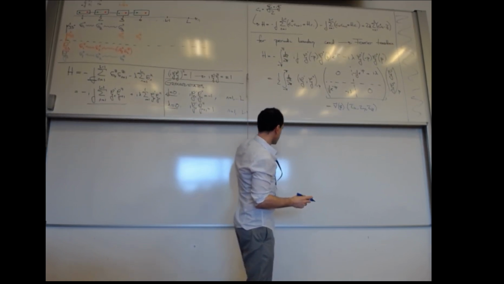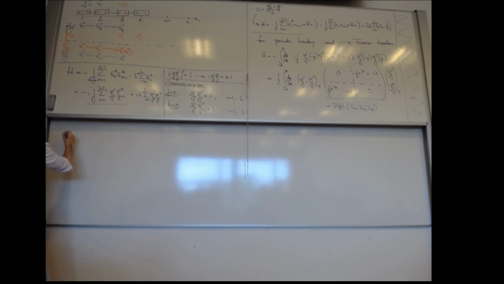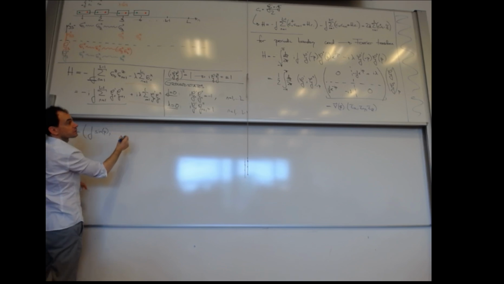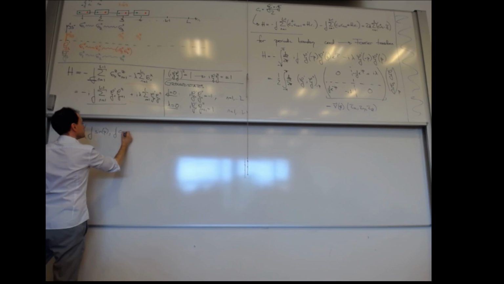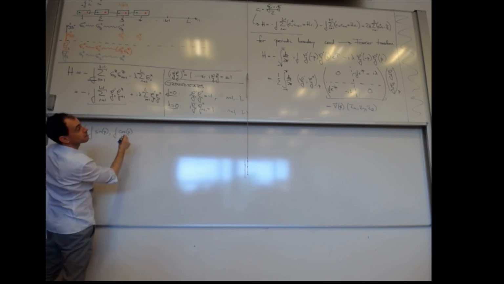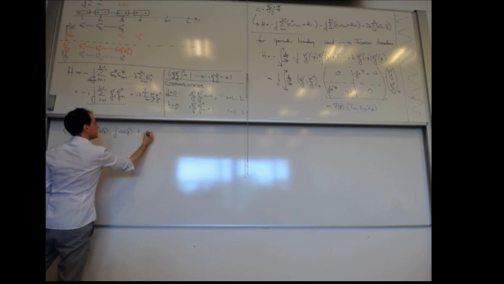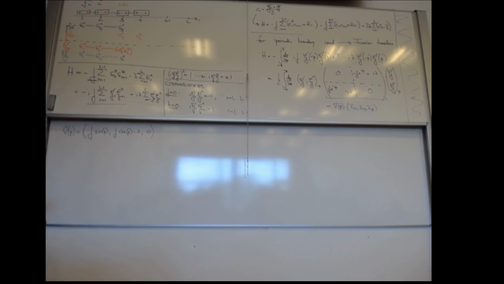And the V of P that you can read off has a very special structure. It has zero as the third component, the first component is j times sine p, the second component is j cosine p minus lambda, then 0. So this is a matrix in terms of Pauli matrices.